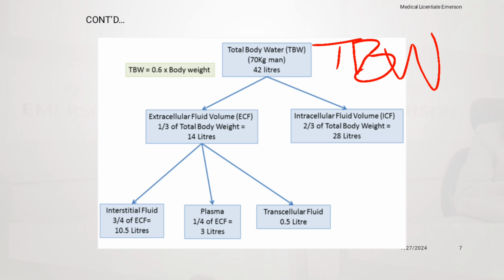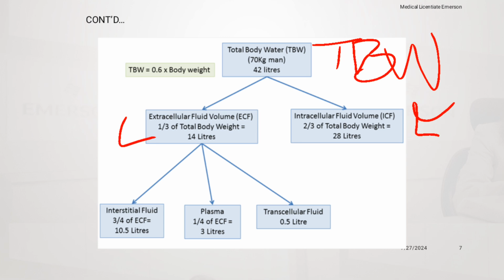Then in this same 42 liters, the intracellular fluid contains 2/3 of the total body water, which is equal to 28 liters. Then the other 1/3 is the extracellular fluid.